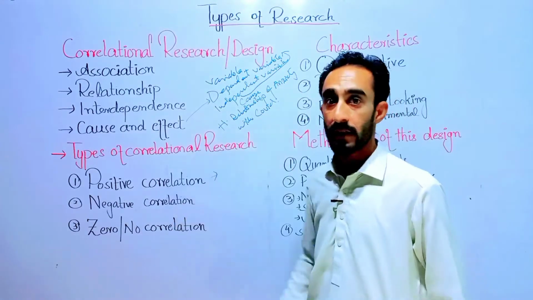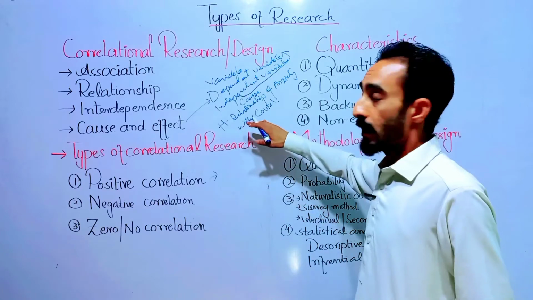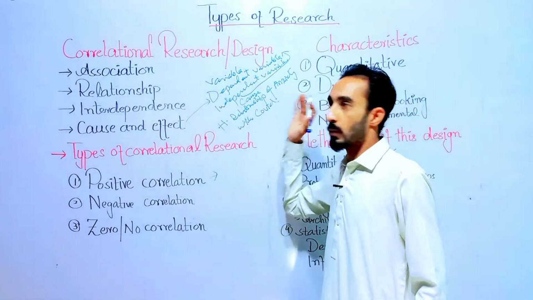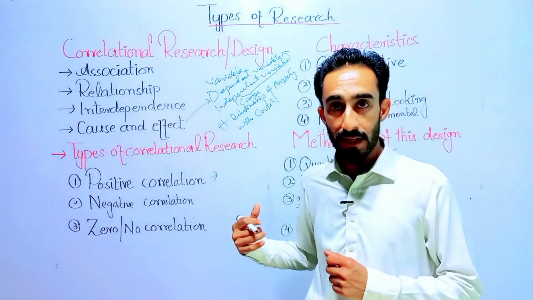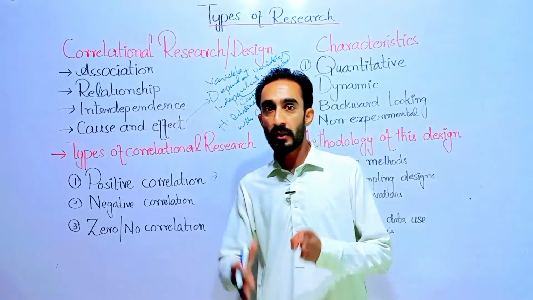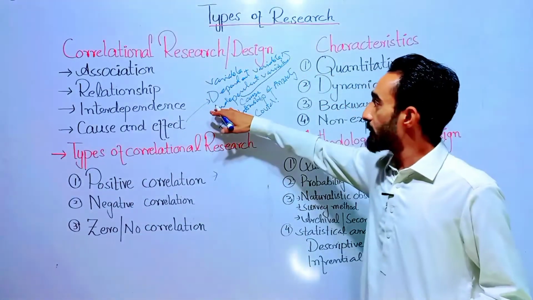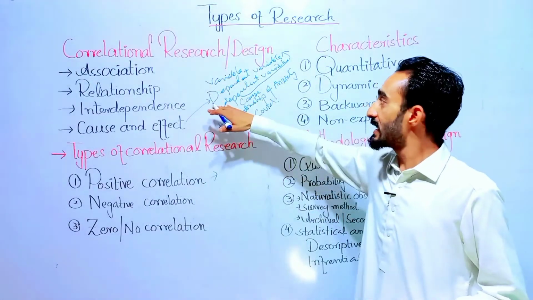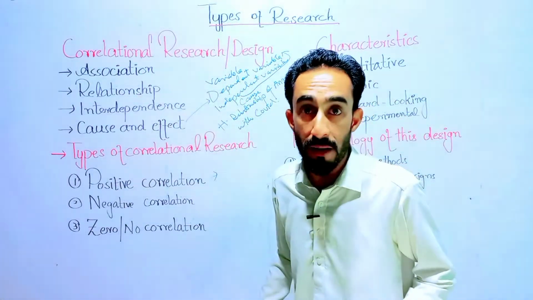And in negative correlation, if we structure the hypothesis as the relationship of anxiety decreases with COVID-19, this will be a negative correlation. In negative correlation, one increases and the other one decreases. The increase in the independent variable will lead to a decrease in the dependent variable.